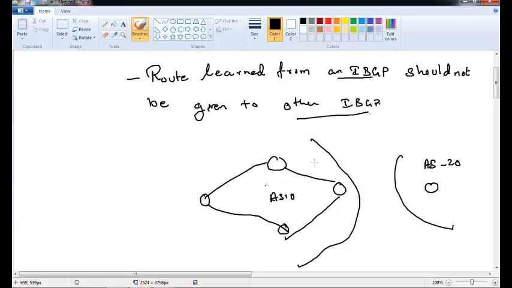It can be like this. It also can be like this. Same 4 routers using a layer 2 switch.